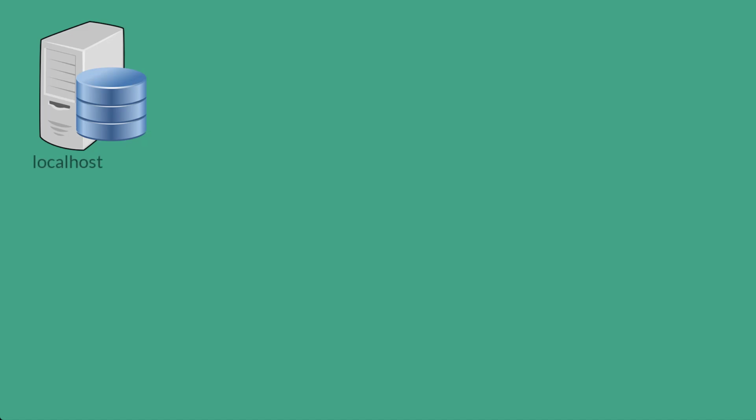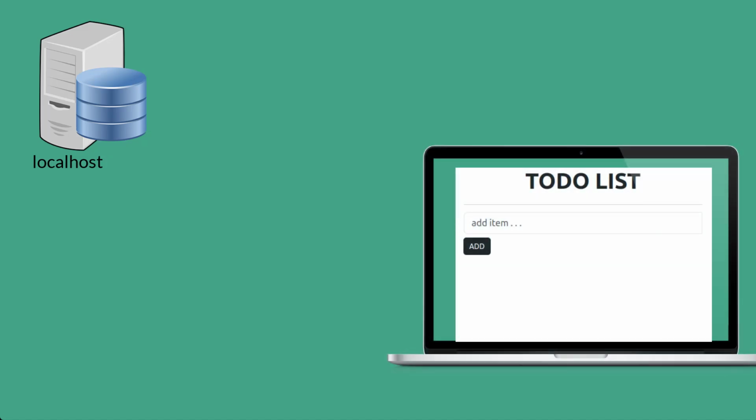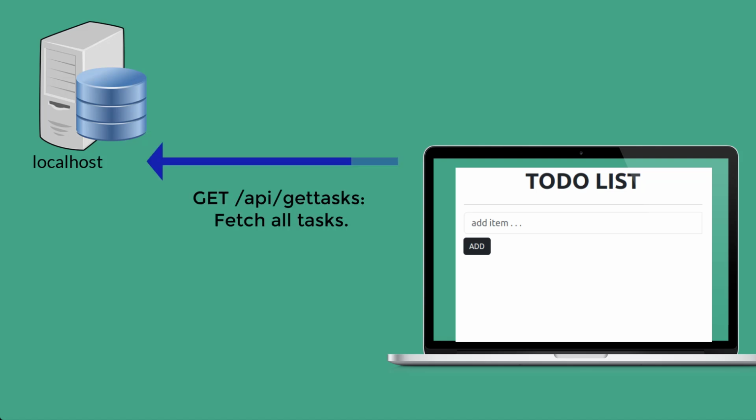Imagine we have a server running on our own computer, which we often call localhost. When the front end of our to-do app loads into your browser, the very first thing it might do is send a GET request to the server. This is like the front end asking the server, "Hey, can you give me all the to-do tasks to show?"